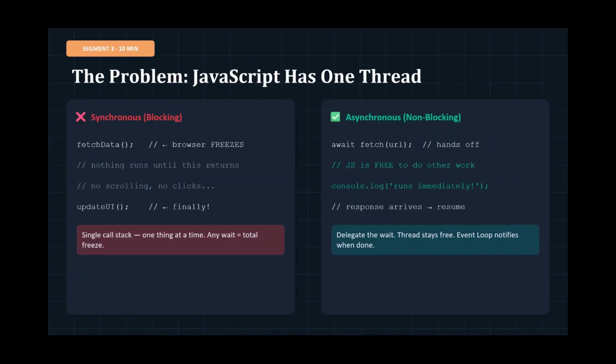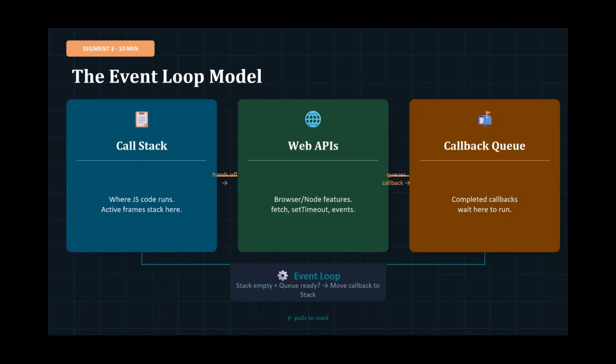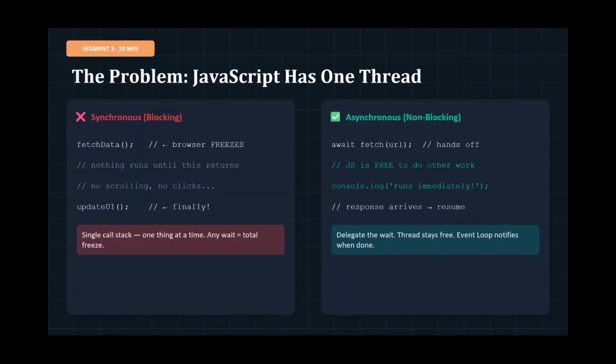And the problem is JavaScript has one thread, so why async at all? JavaScript is single threaded. There is exactly one call stack, one thing running at a time.